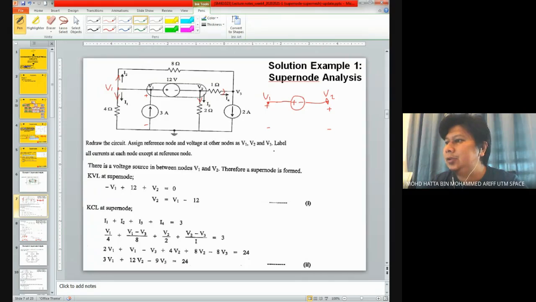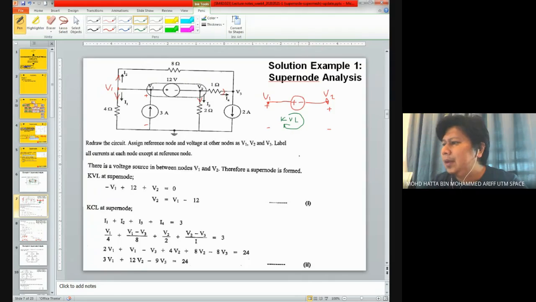If I apply Kirchhoff's voltage law at the supernode, meaning encircling this area, this is the KVL equation that we try to find around here.